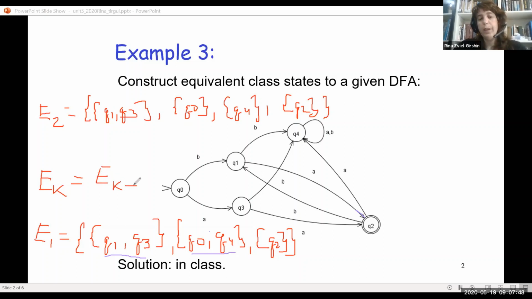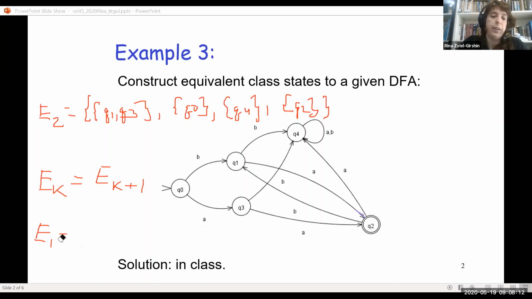When we have an iteration that doesn't add us any classes, we know that we finished with the algorithm, because if we will add additional letters, it won't help us. We already were stuck in K iteration.